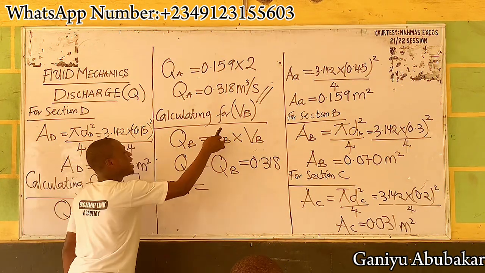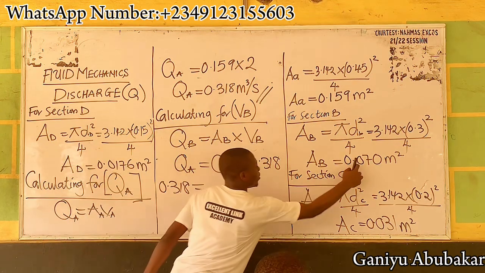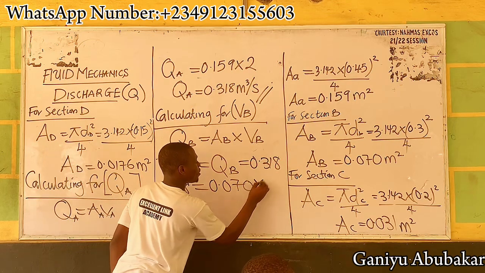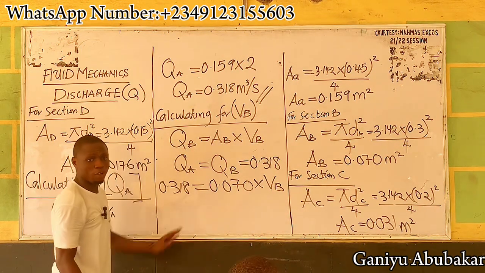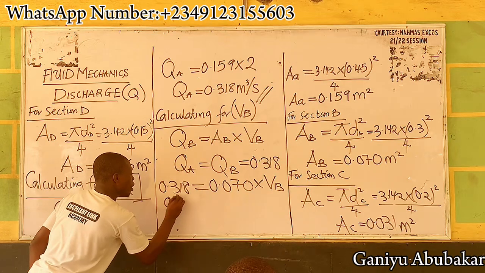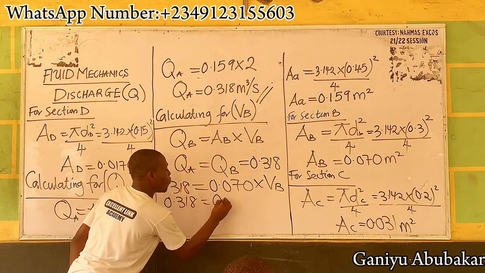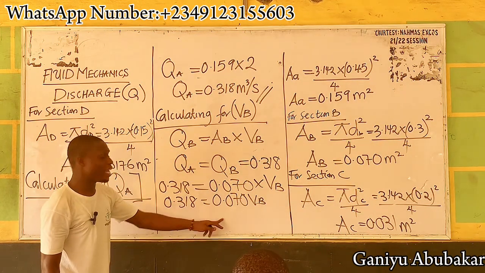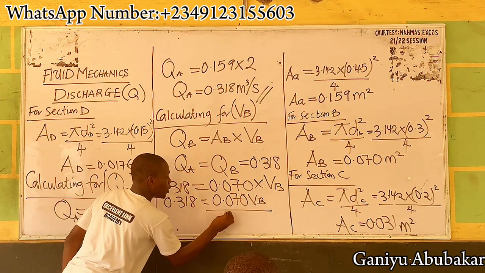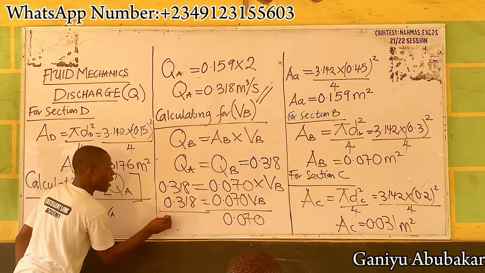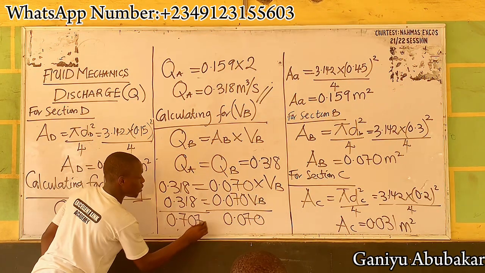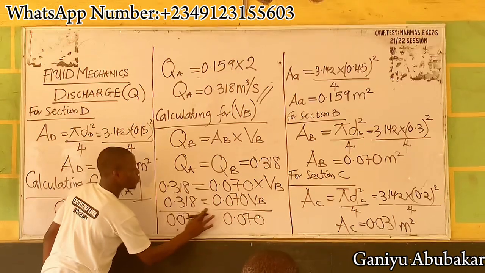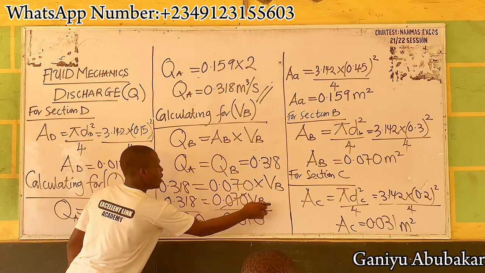Area at B is 0.070, times VB. So 0.318 equals 0.070 VB. Apply maths here: divide by 0.070, the 0.070 cancels. Let's get VB, please.